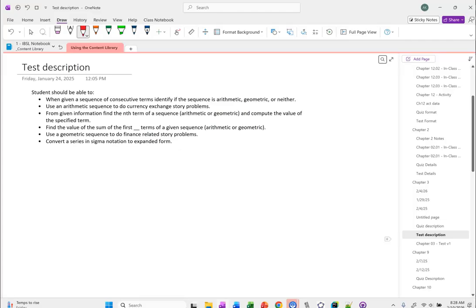And then convert a series into sigma notation and then to expanded form. So you should be able to go back and forth from the sigma notation to expanded form or expanded form back to sigma notation. And we did several examples of that in the notes today, so that should be relatively okay. The trickiest one is when you get a fraction that's neither.